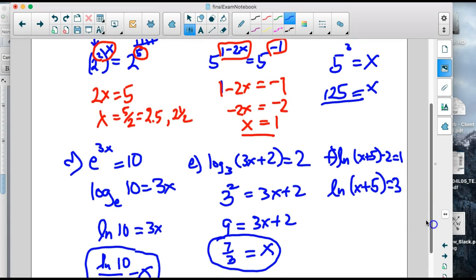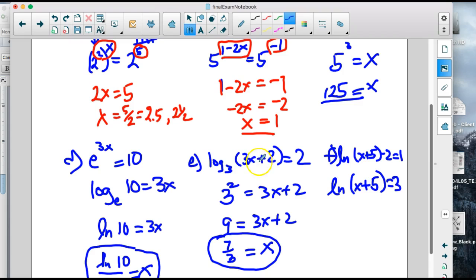Once we do that, then we can convert it just like we did letter E, and just like in the ones before that. The base on this one is not 3. It is actually e because of the ln. So it's e to the 3rd, there's the exponent, equals x plus 5. So your answer here is going to be e to the 3rd minus 5.